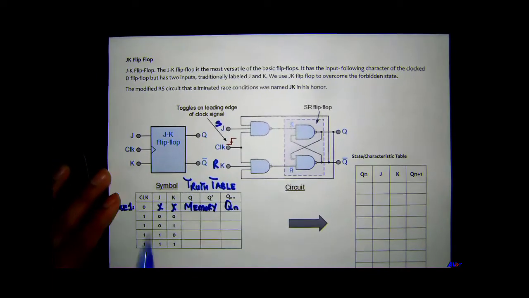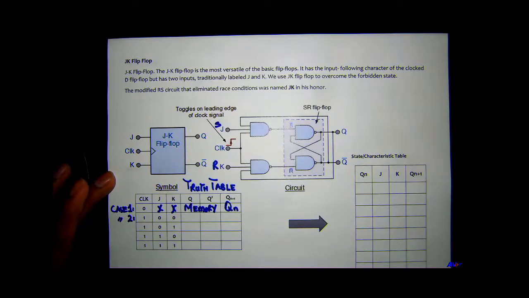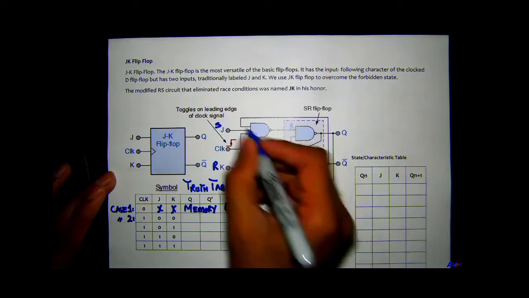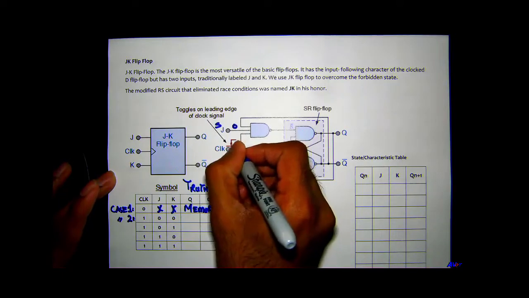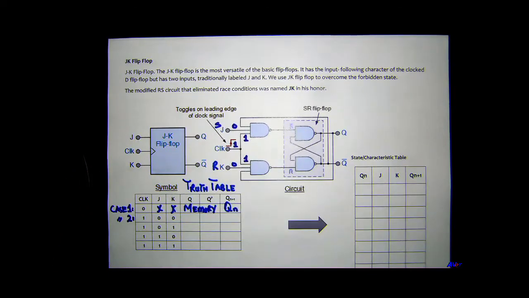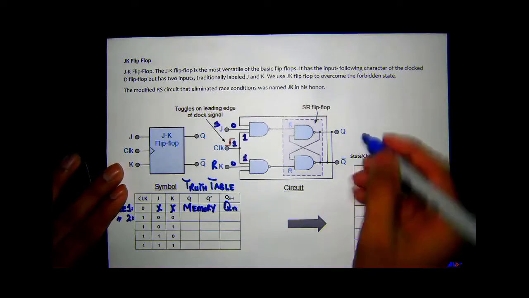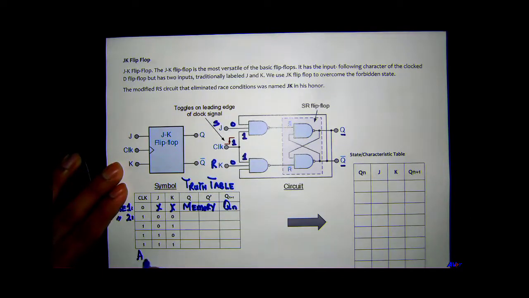Now clock is high, so this is your case 2. Clock is high, J is 0, K is 0, which means you get 1 here and you also get 1 here. Now, because we don't know what the values of Q and Q naught are, for the sake of completing this table, we are going to assume that Q is 0 and Q naught is 1.